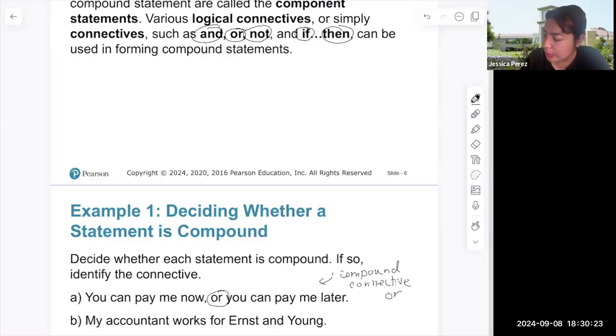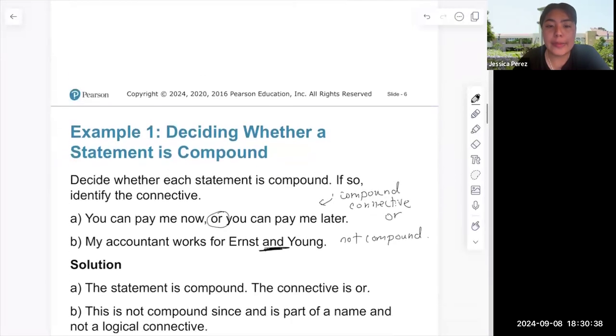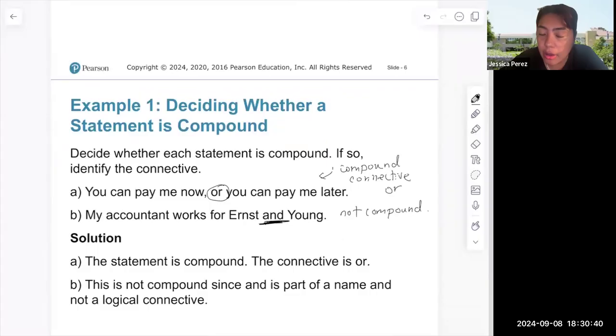Now, my accountant works for Ernst and Young, but this and is not a connective. This is not compound because you're not comparing different things. These are just people. So as my solution, B is not a compound since the and is part of a name and it's not something logical. It's not a logical connective.